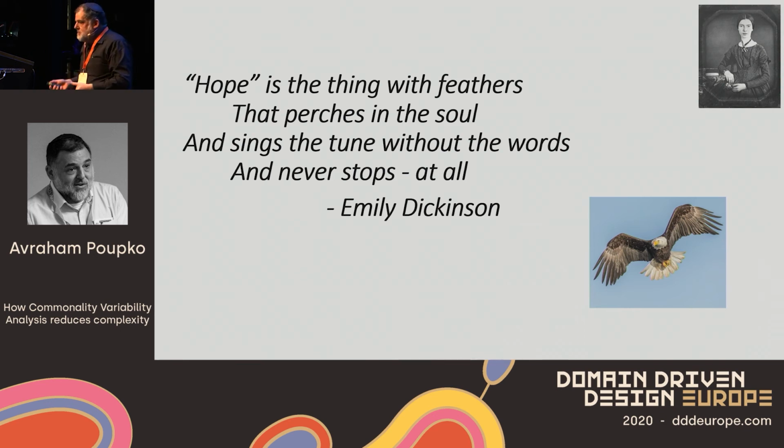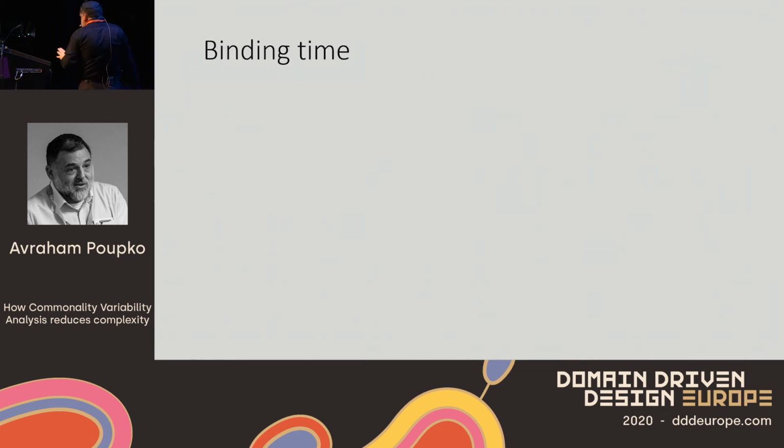If you're a taxonomist or a software modeler of some kind, and you say, well, some birds have feathers, some don't, and some fly and some don't, and feathers and flight don't immediately bind in your mind into this association that also reminds us of hope and perching in the soul, sorry, you won't get this poem. That's your loss.